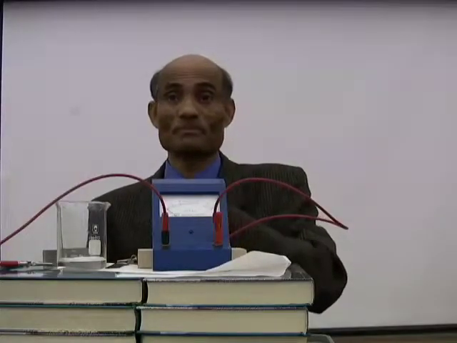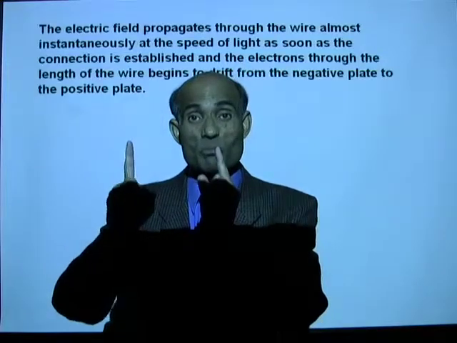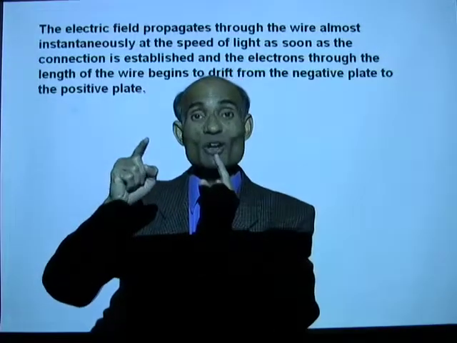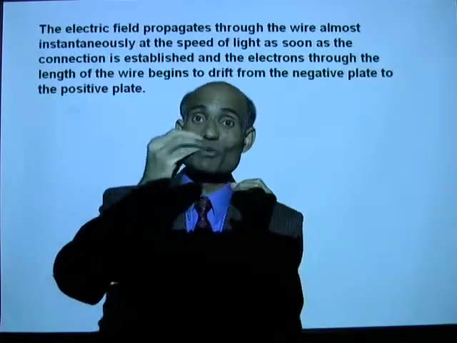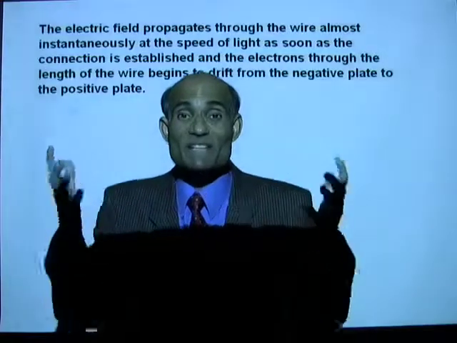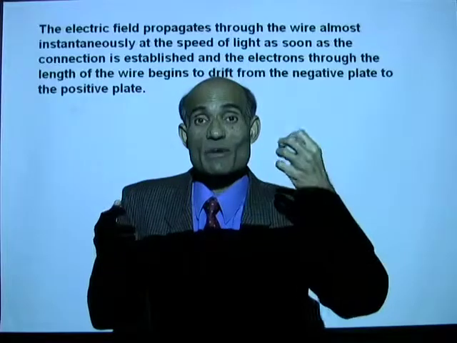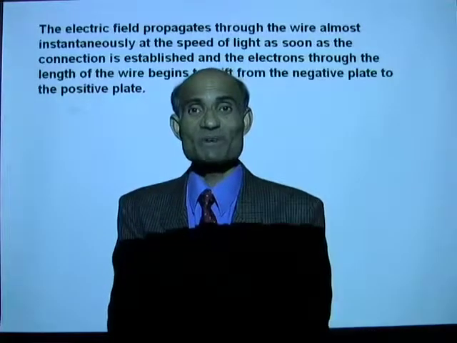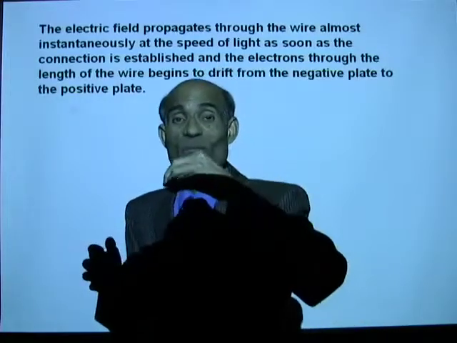Alright, let's develop the concept of electric current further. Now, when the two electrodes that have a potential difference are connected by an external conducting wire, an electric field will propagate through the wire almost instantaneously. In fact, the electric field propagates through the wire with the speed of light as soon as the connection is established, and the electrons drift through the length of the wire.